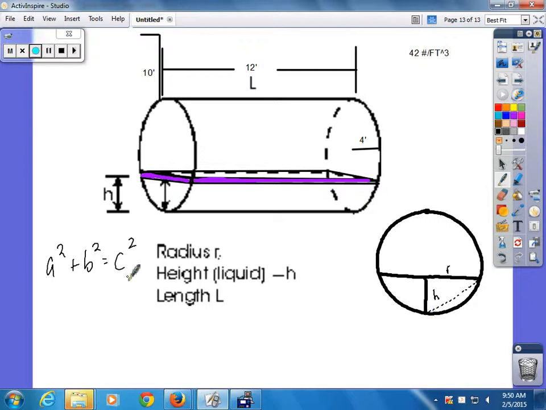You can make this c squared is equal to, or b squared is equal to c squared minus, or a squared is equal to c squared minus b squared. And you could say that the diameter over 2, ain't that the radius, is equal to 4 squared minus h squared, based on that right there.